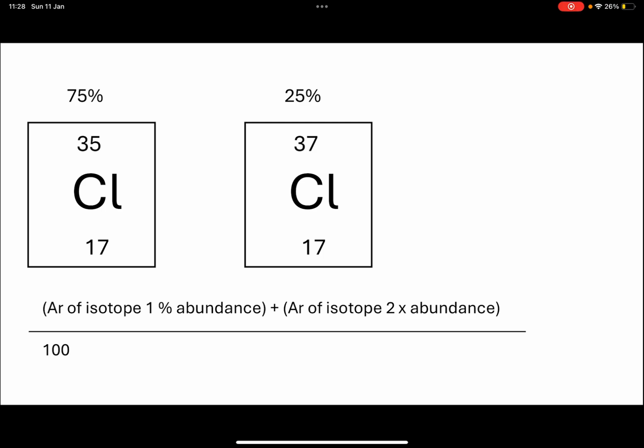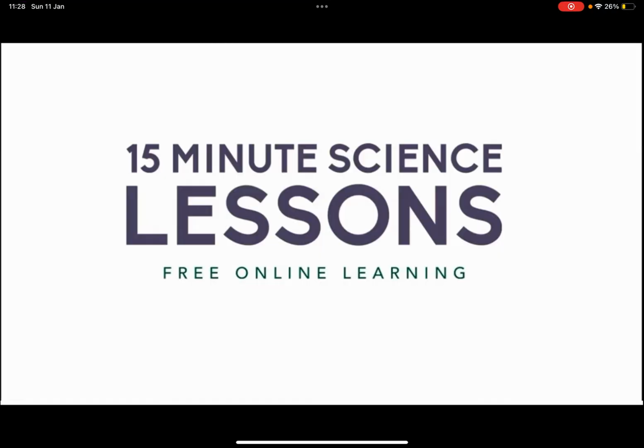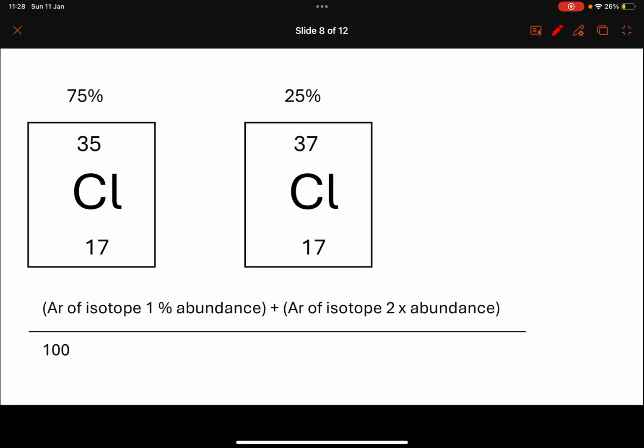So on the topic of isotopes, you could be asked to calculate the relative atomic mass, that top number of an isotope, and it is a simple calculation. You'll be given 2 bits of information about each of your isotopes. You will be given something called the abundance. It's a percentage. It's how common that isotope is. And then you will also be given the relative atomic mass, the top number of each isotope.